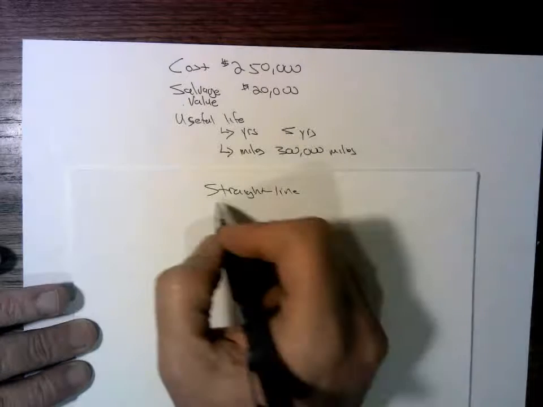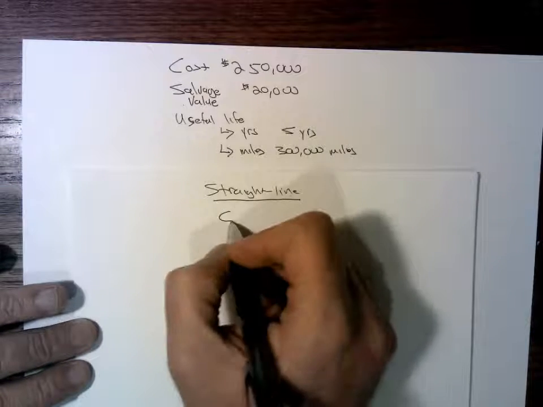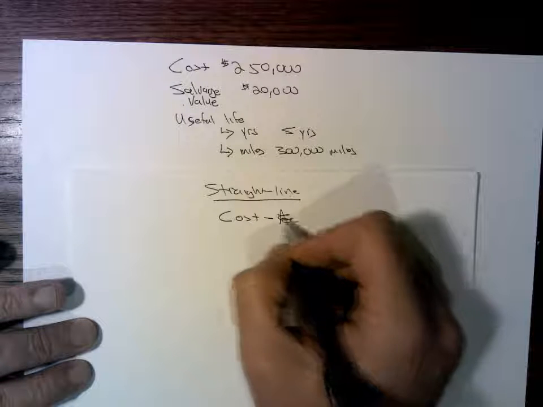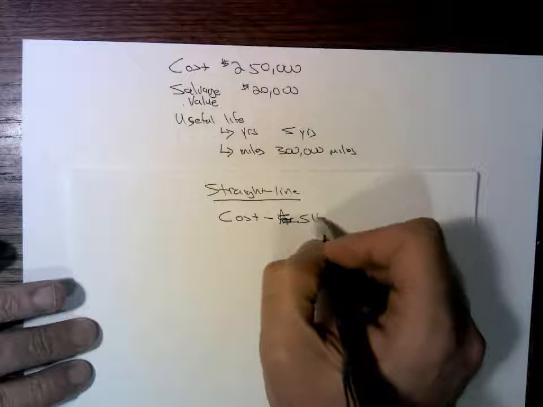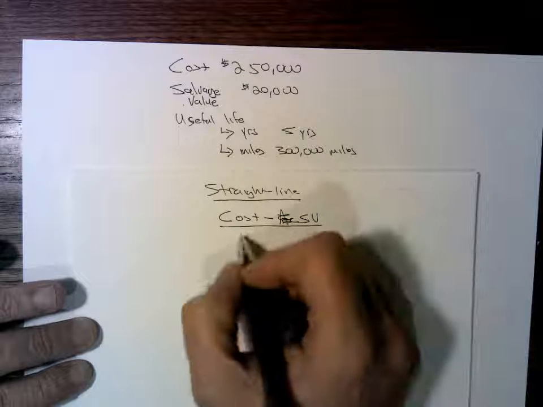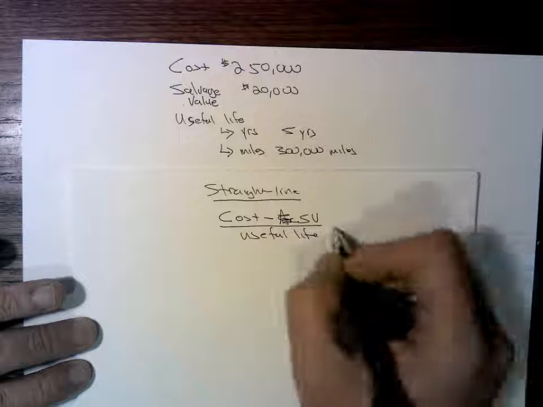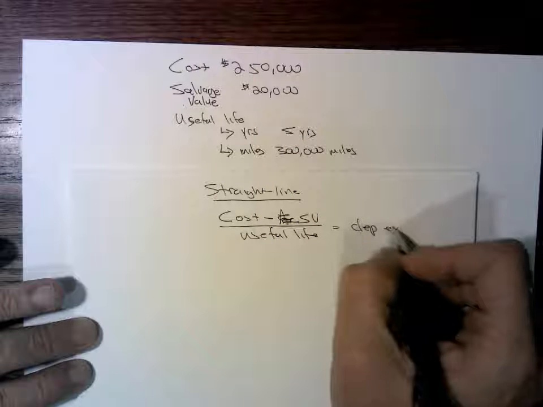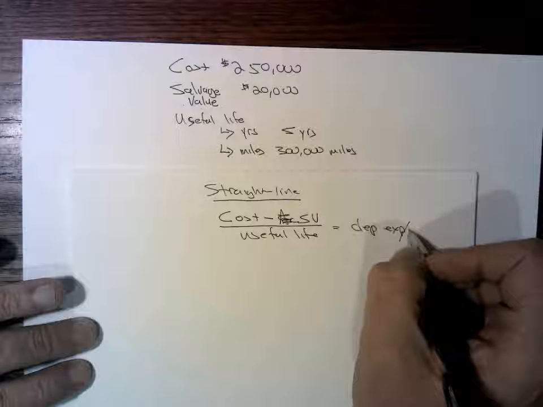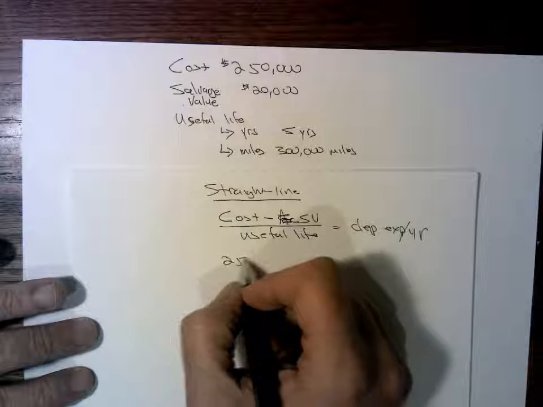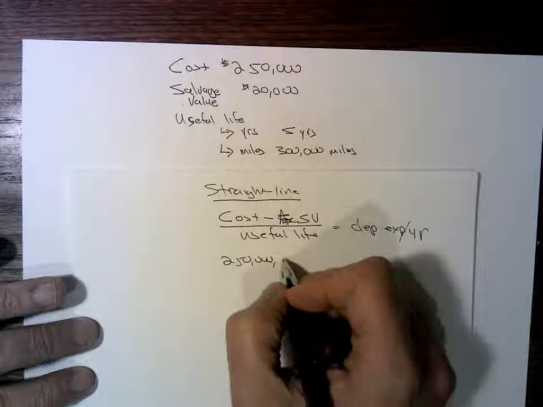So we have this formula for calculating straight line depreciation. Simple formula. It is cost minus salvage value, all over useful life, right? Gives us our depreciation expense per year, right? So there's our formula. So our cost is what? $250,000.